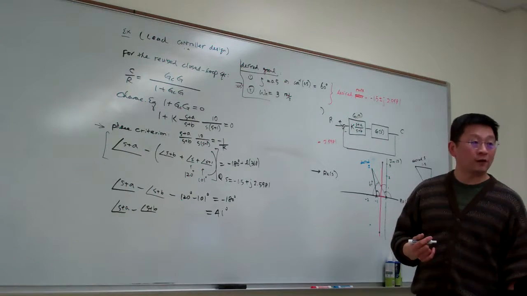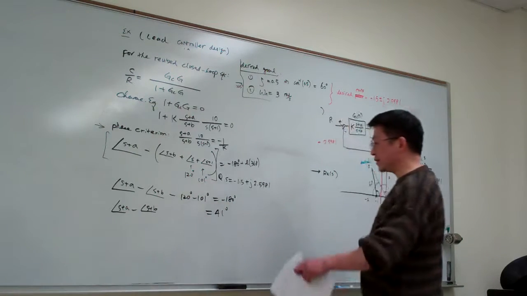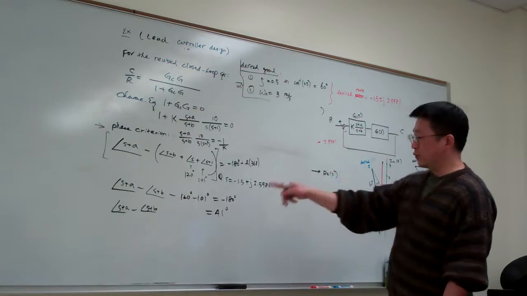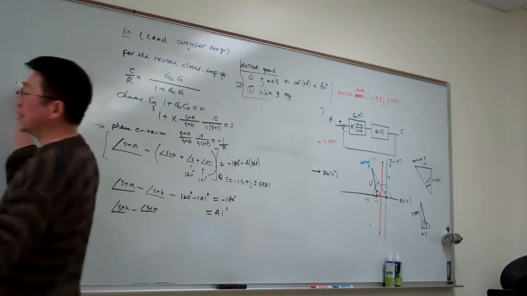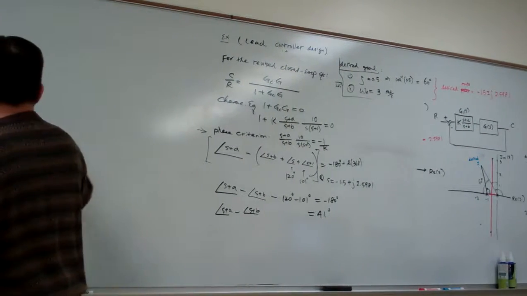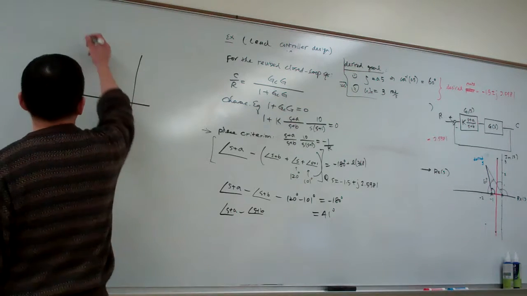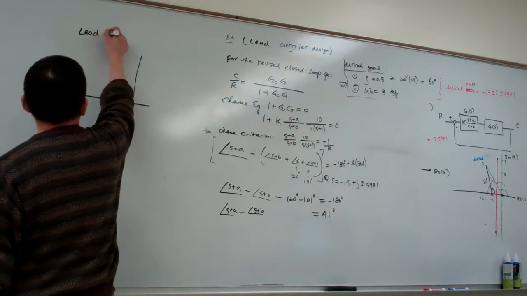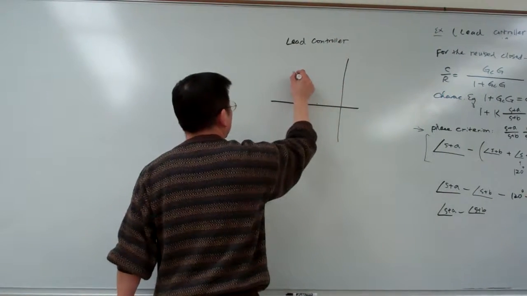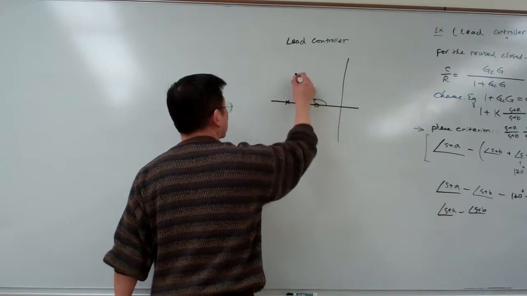Okay, so now we have determined this, and that makes things easy. So leave this behind and we work on this. Again, from the controller, we simply copy that information. So right now, we determine we need a lead controller. For the lead controller, we have the arrangement like this, right?